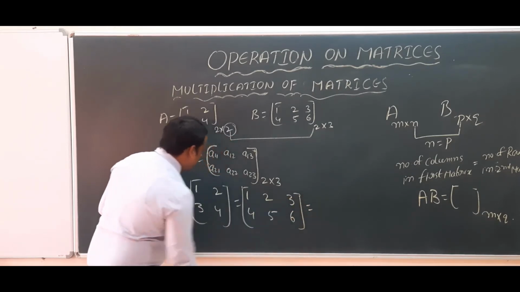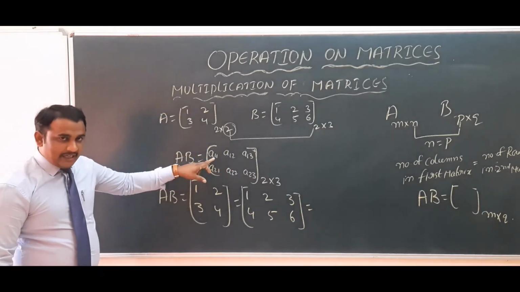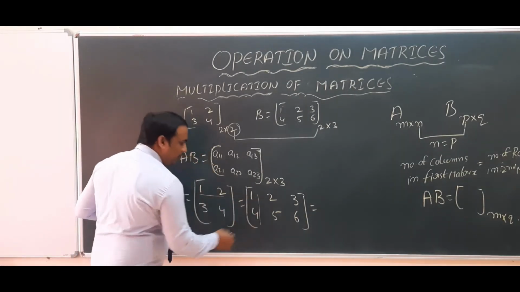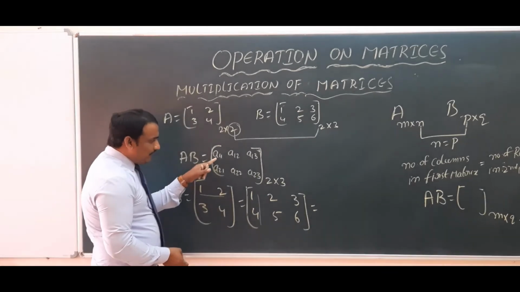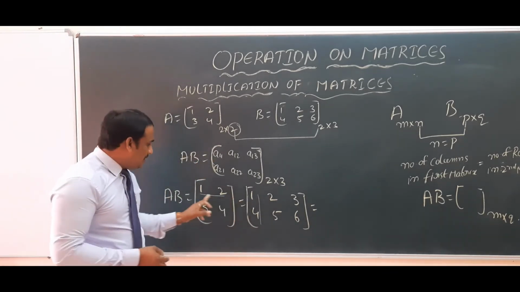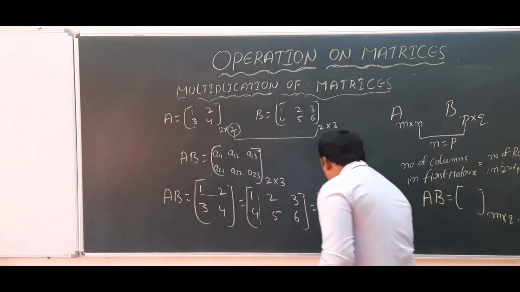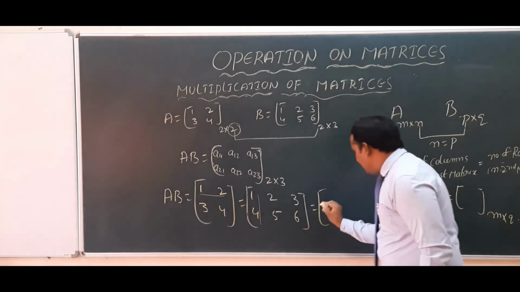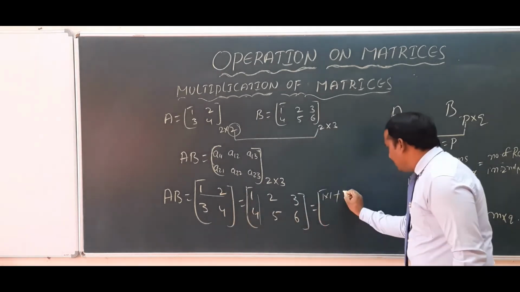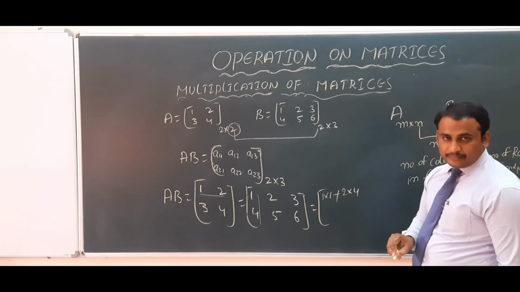Now we have to find the a11 element. For a11 you multiply the first row with the first column. What is the first row and first column? 1 into 1 plus 2 into 4.